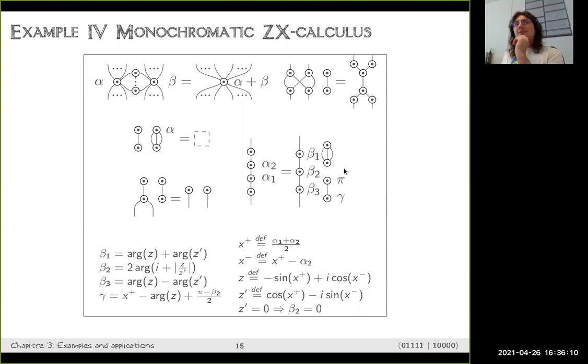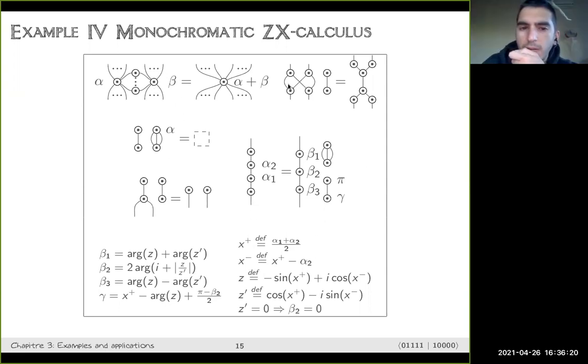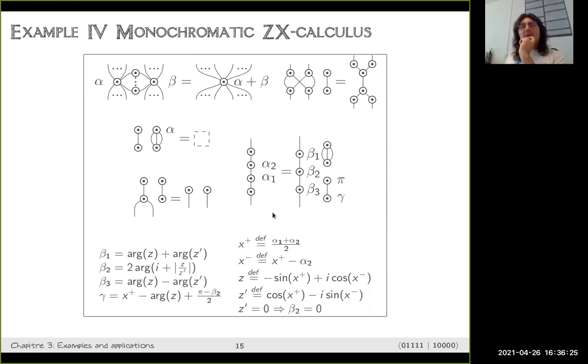In fact, I don't find it ugly, because I find it very beautiful and elegant to be able to have a complete language with just one family of generators. And also the equations are not so ugly, in fact. The problem is that what is very nice with ZX-calculus when you use it is that it is kind of close to the usual way you do matrices.